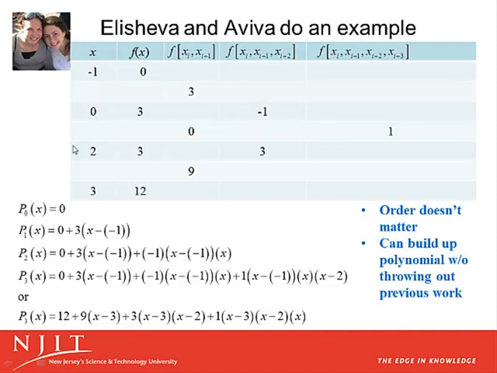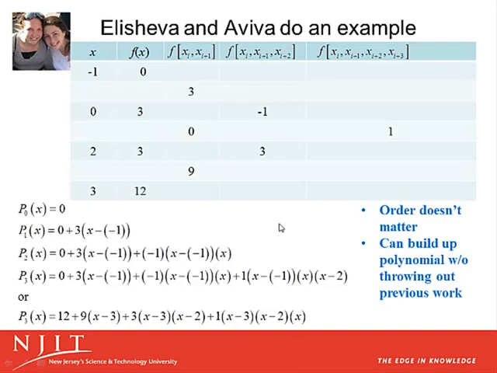And finally, we could get the cubic through these 4 points as 0 plus 3 times x minus negative 1 plus negative 1 times x minus negative 1 times x, plus 1 times x minus negative 1, x, x minus 2. And we've written them out over here.